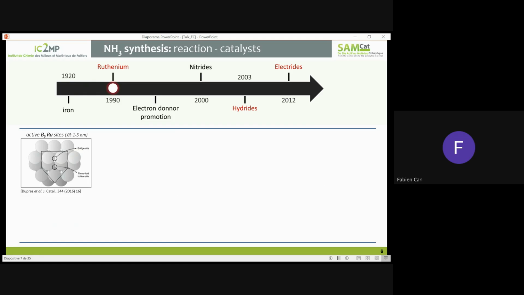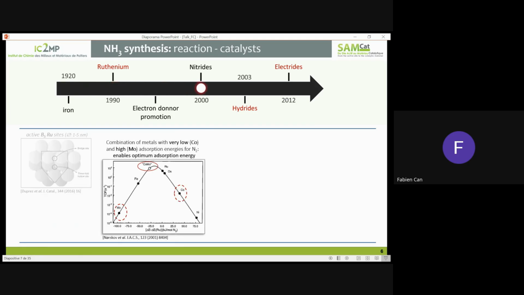In this case, the reaction is sensitive to the structure of the metal. We also have the possibility to increase the efficiency by doping the sample with electron donor elements, alkali or alkaline earth components. The best one is cesium.